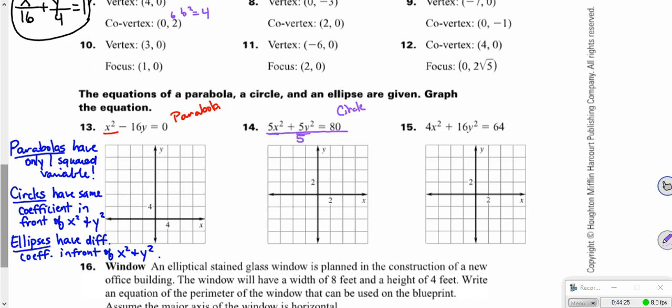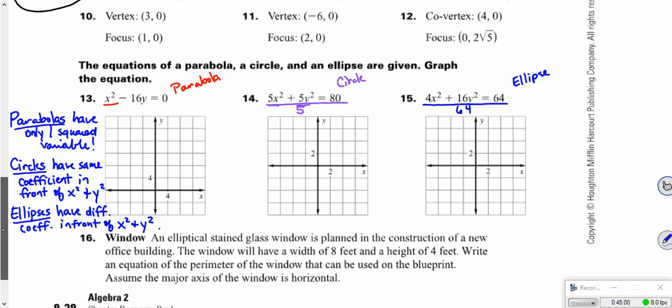This would then have to be the ellipse because we have different coefficients in front of the x squared and y squared, and my tip to you would be to divide all three terms by 64 to get the 1 on the right hand side. On a circle, you want to divide by the coefficients of the x and y terms. On an ellipse, you want the constant to be a 1, so you want to divide every term by the constant. Hope that's helpful.